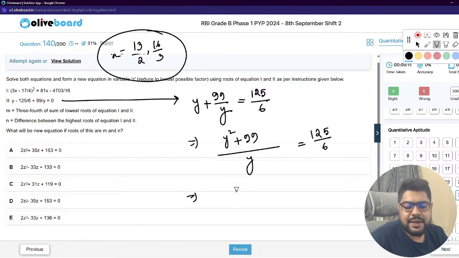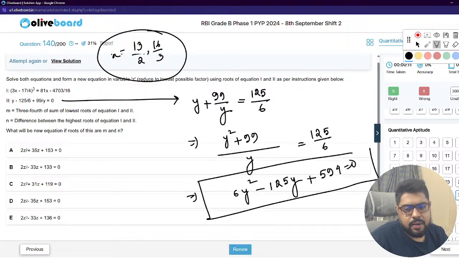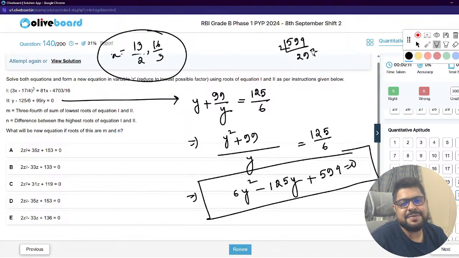Chalo, sir, calculate. 6y square plus 99y minus 125 by 6 times 6... so 600 minus 6 is 594. ये भी बहुत छोटा कुछ होगा नहीं. Sir, 594. चलो calculate. 2 means 297.